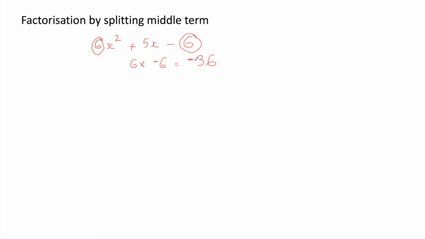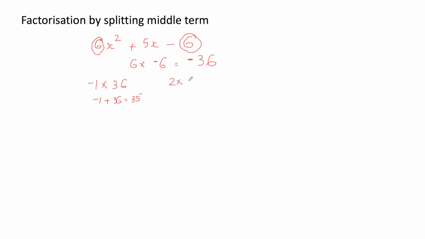Consider the factors of minus 36, and the sum of the factors should make the middle term 5. First is minus 1 into 36. Minus 1 plus 36 is 35, which will not make 5. So we cannot consider these factors.